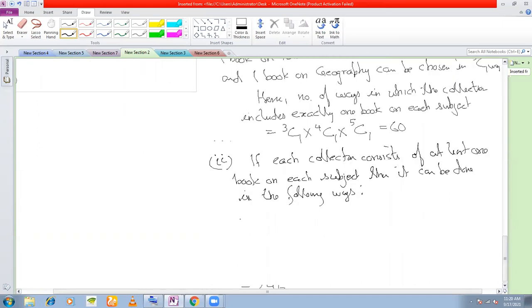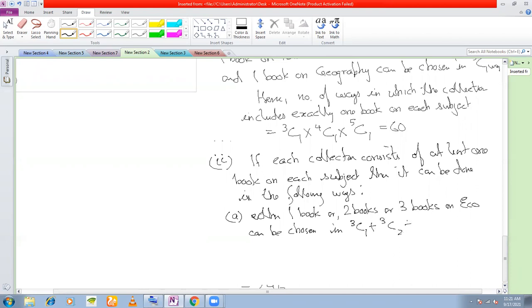What are the ways? Either one book or two books or three books on economics can be chosen in 3C1 plus 3C2 plus 3C3 ways, right?